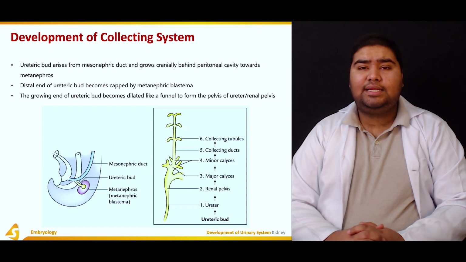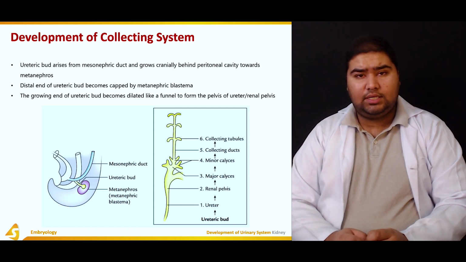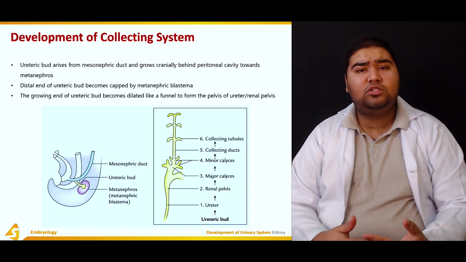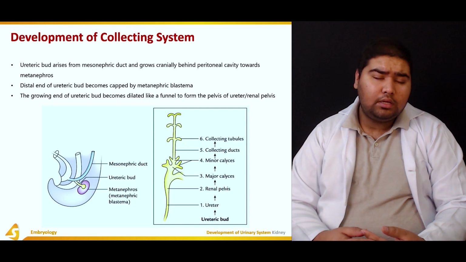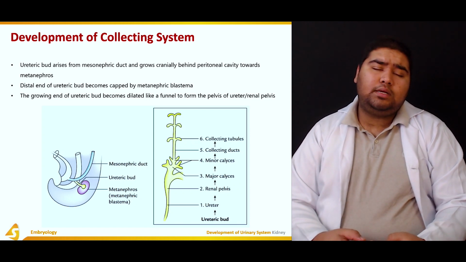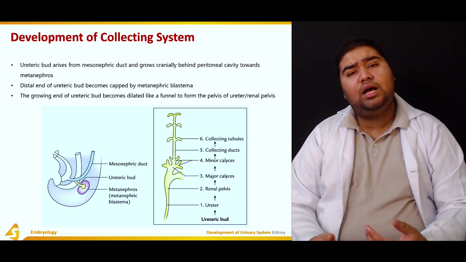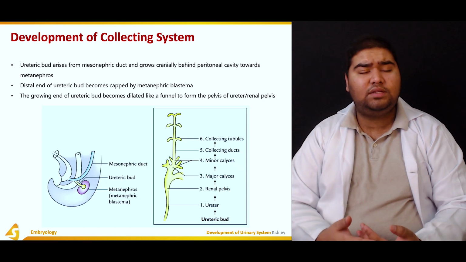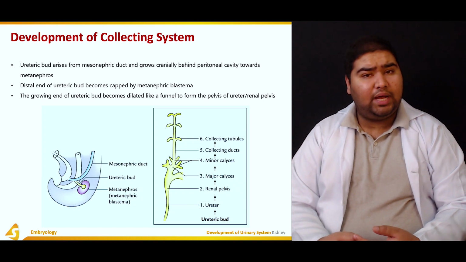Now the adult collecting system consists of the ureter itself. The ureter then forms a funnel shaped part, which is known as the renal pelvis or the ureteric pelvis. From the ureteric pelvis, the first divisions of the ureter are known as the major calyces. The major calyces then undergo further divisions, which are known as the minor calyces.